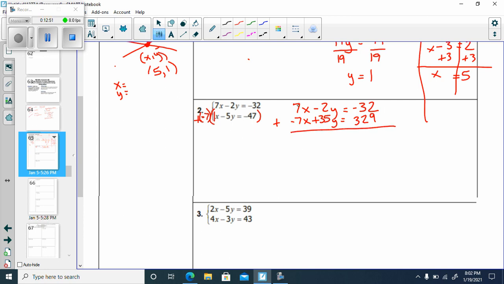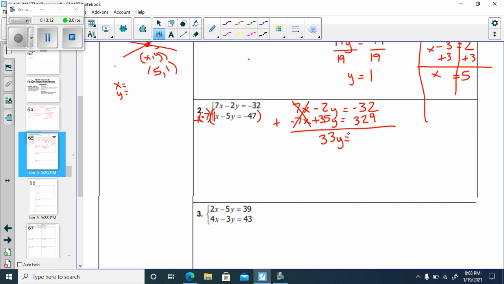Now, 7x plus negative 7x is 0. This is gone. Negative 2 plus 35 gives me 33y is equal to, and 329 minus 32 gives you 297.